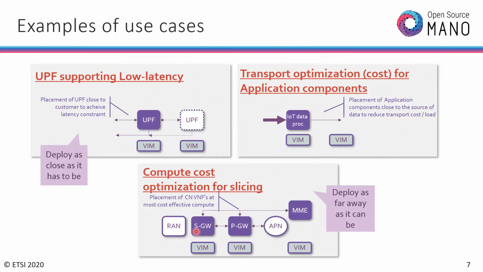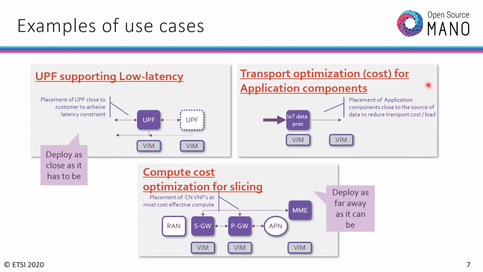Some examples of use cases here. For instance, if we have a UPF that we want to support low latency, where do we put it? Well, then we typically want placement as close to the customers as possible to achieve the latency constraint. That is, deploy as close as it has to be.